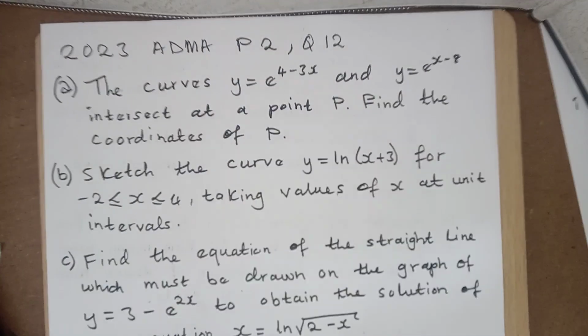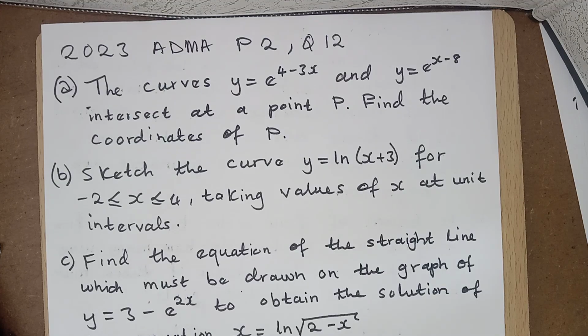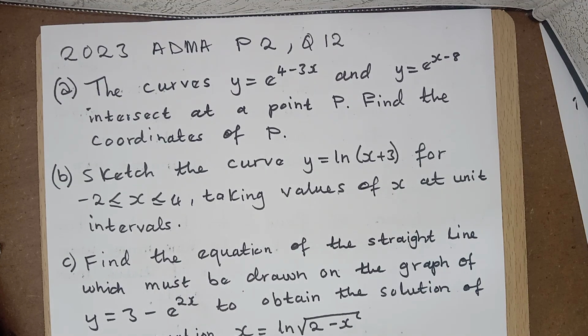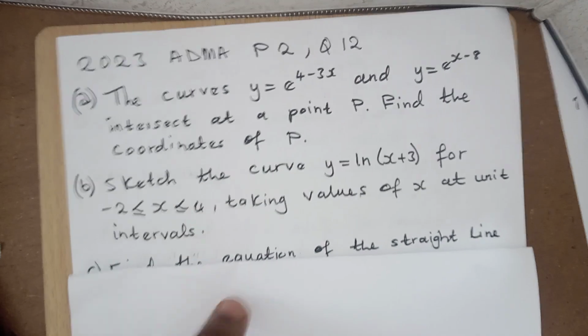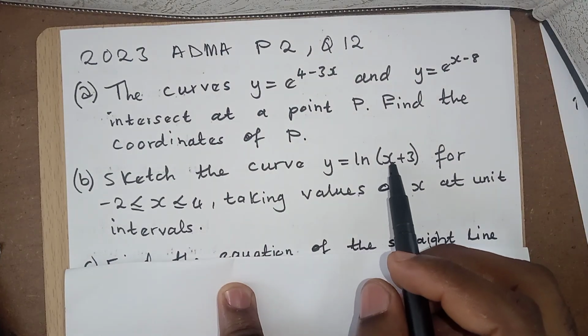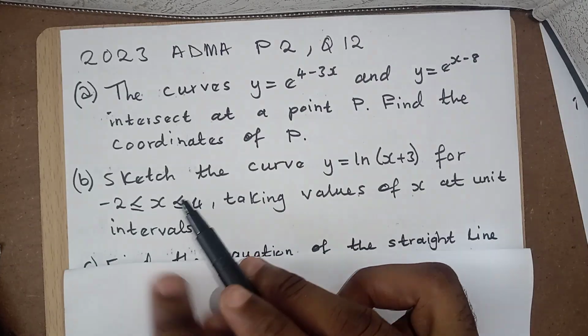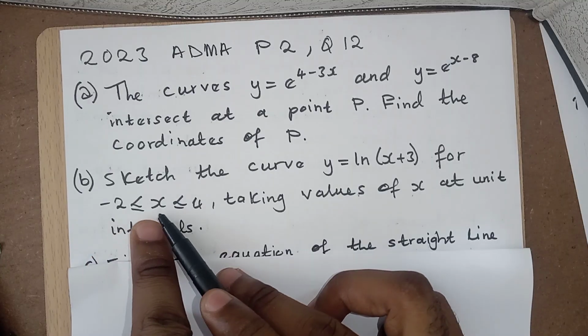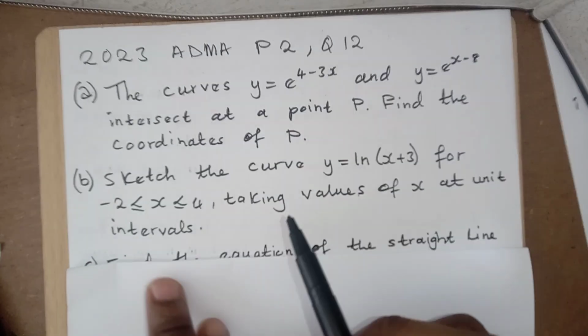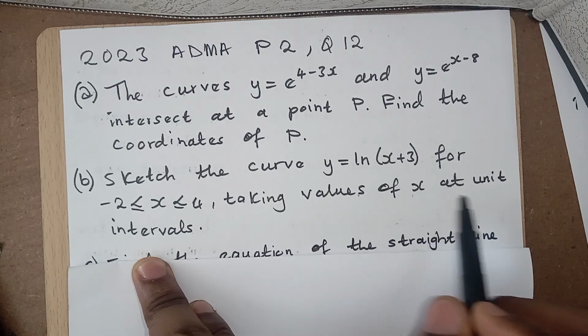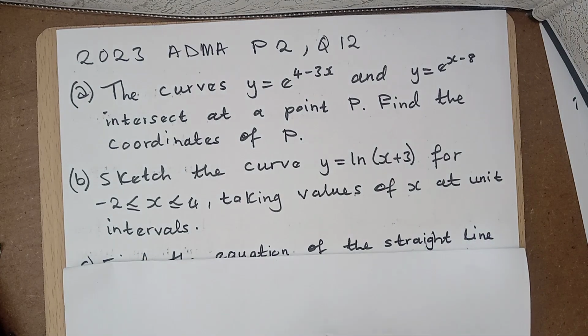And then on part B, sketch the graph of y equals natural log of x plus 3 for the domain negative 2 to 4, taking values of x at unit intervals.